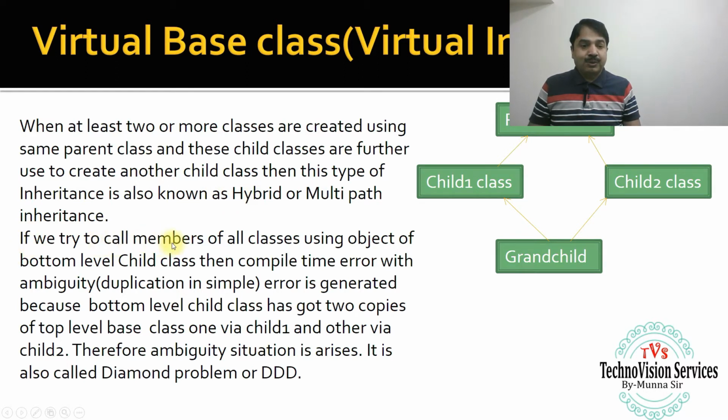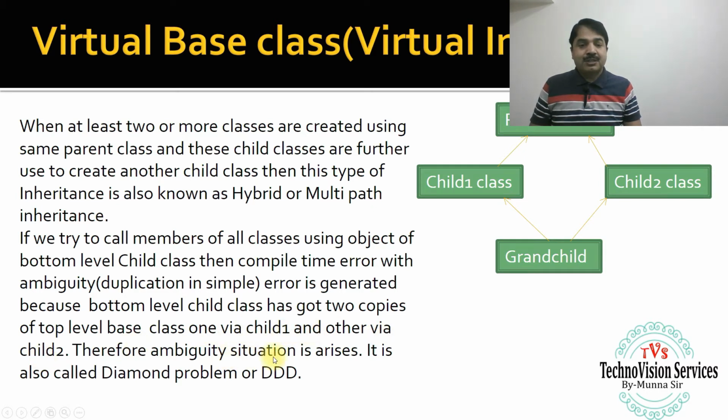If we try to call a member of all classes using an object of the bottom level child class, or grandchild class, then a compile time error with ambiguity is generated, because the bottom level child class has got two copies of the top level base class or parent class, one via child 1 and the other via child 2.